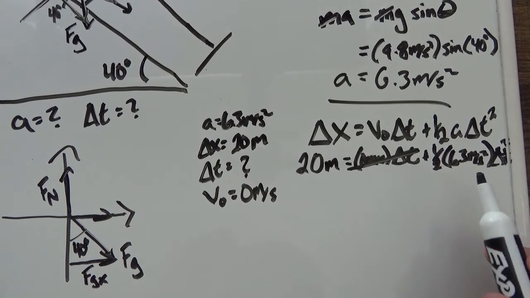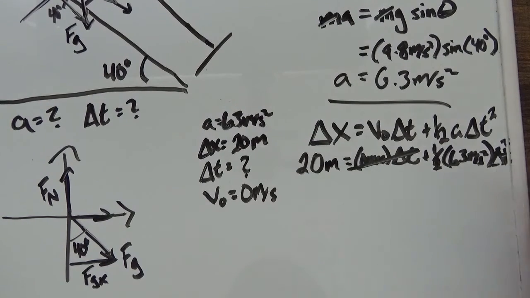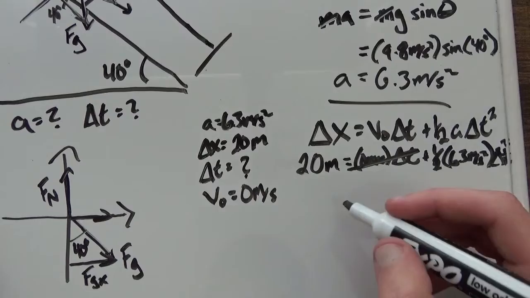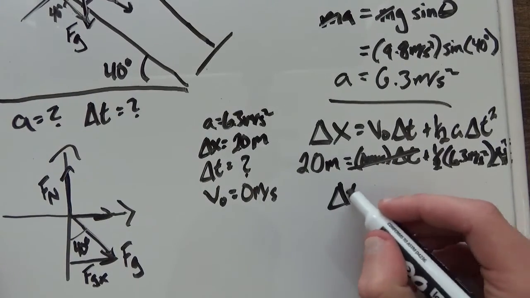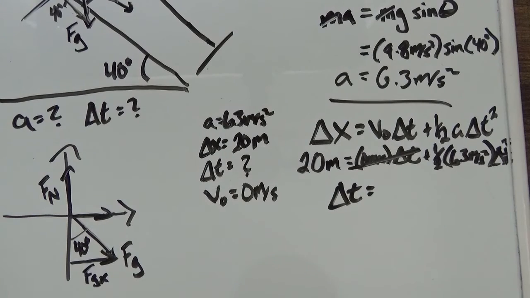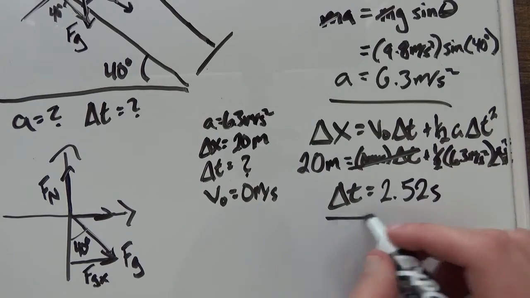I need to divide by 1/2 times 6.3 on each side, and then I need to take the square root. That's just two operations. So I'll just skip ahead to the answer here. 20 times 2 divided by our 6.3 number, take the square root. I got 6.35 rather, and then you take the square root of that, which is 2.52 seconds.